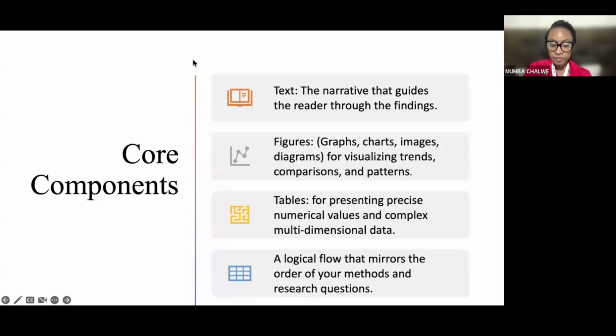Okay, there's a lot of self-control that comes into play, and just structure it, and keep going back to your objectives, follow your objectives, look at your methodology, think through what you did, and think what is it that you want, what story are you trying to tell. And remember, even negative findings or no findings, those are results as well. So report those. Okay.